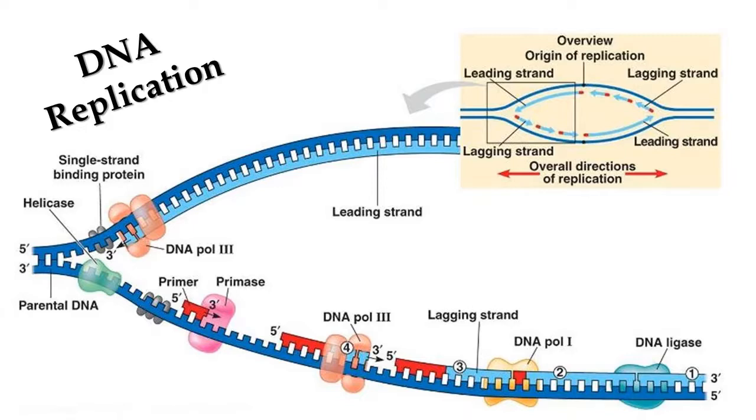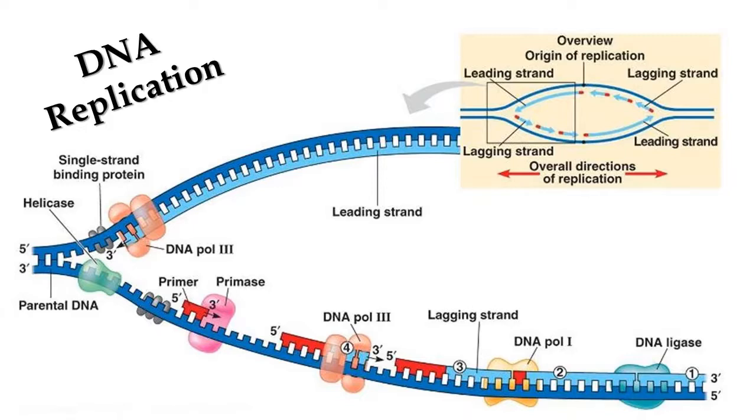So on the leading strand you have the 5' to 3' direction going on. Now what happens is that your DNA polymerase 3, which is required for the replication to take place, cannot go on adding new nucleotides just in a random way.